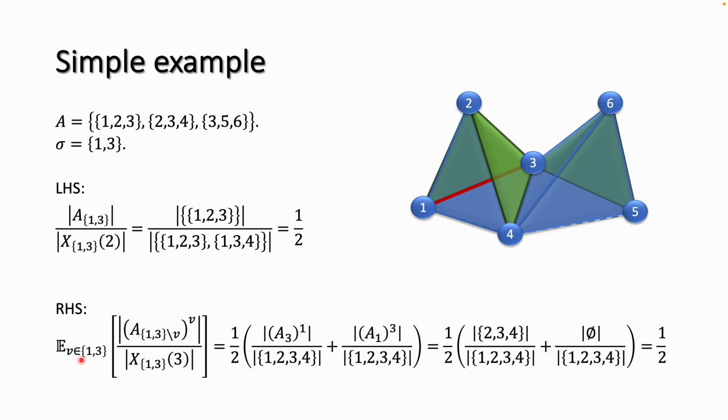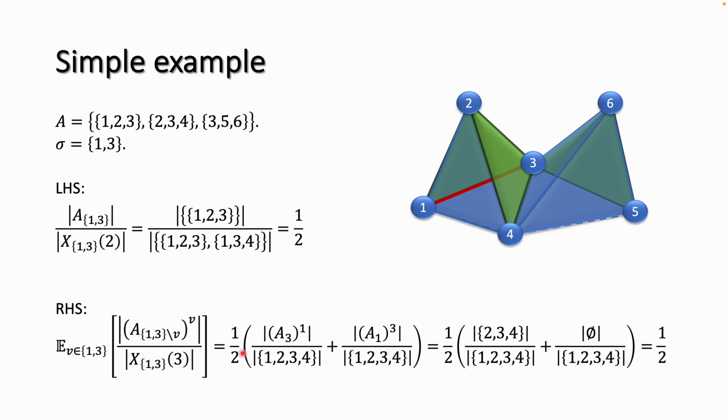And the right-hand side, let's see it slowly. We have the average over vertices in this edge, so we take the average over vertices 1 and 3 of this expression. We look at the localization of A to this edge minus a vertex, and then restrict it to this vertex. So how does that look?